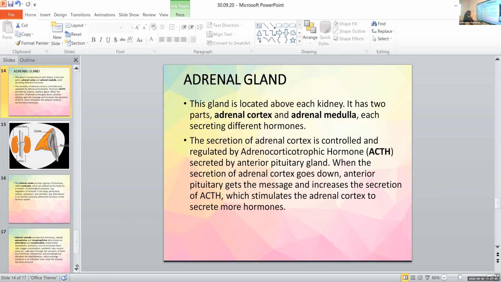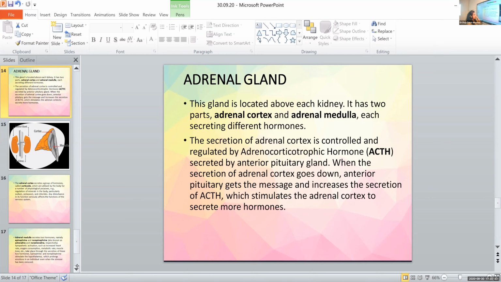It has two parts, the adrenal cortex and adrenal medulla. So above each kidney, we have an adrenal gland, two adrenal glands in total. Each adrenal gland has two major parts: the adrenal cortex, the outer part, and the adrenal medulla, the inner part.